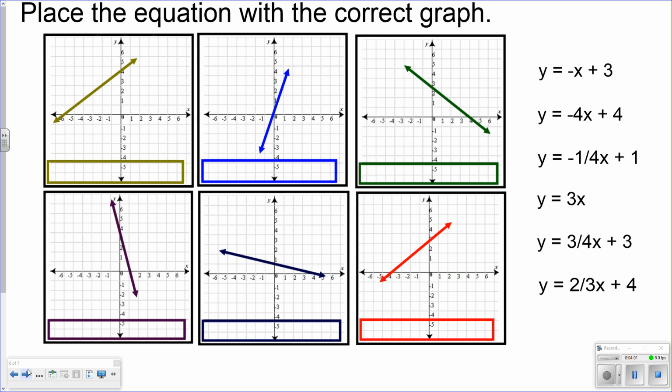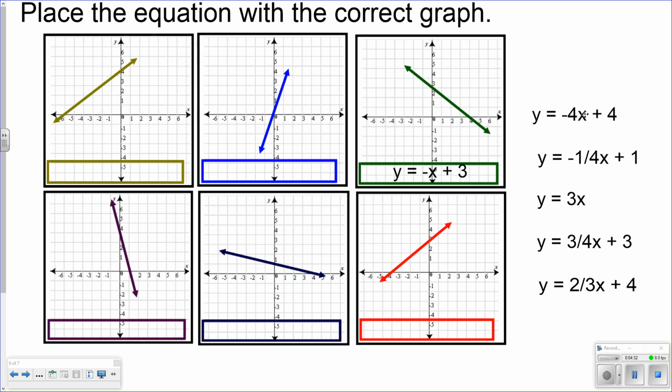Place the equation with the correct graph. So when we're trying to figure out which of these graphs go with which equation, the first thing I look at is, for example, this one. I can see that the y-intercept is +3, and it's a negative slope. So I'm looking at all of our graphs, and that's at 4, that's at 0, this is 3, this one looks like it could be 3, but this is the only one that's 3 with a negative slope.